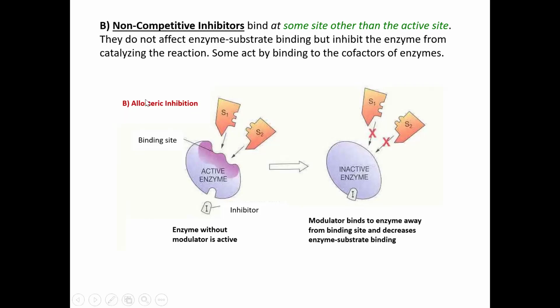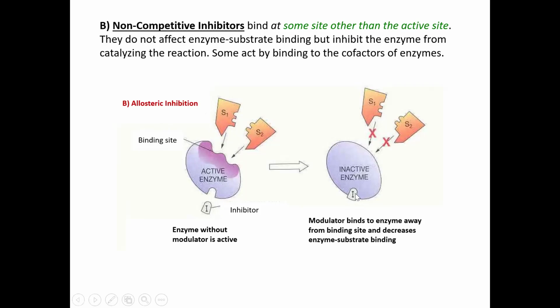So we have allosteric inhibition. This is the enzyme and the binding site. You have the substrate that is supposed to bind to the active site, and you have an inhibitor that binds somewhere not in the active site. The enzyme without a modulator is active.